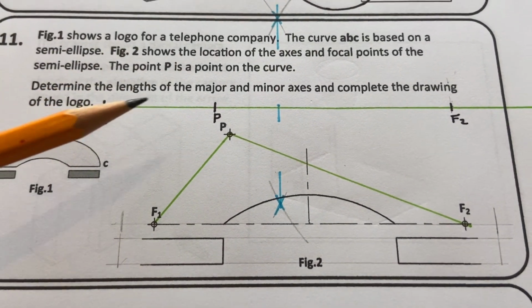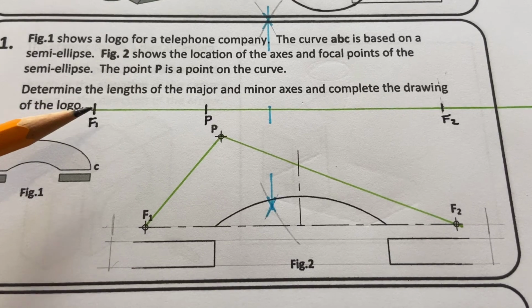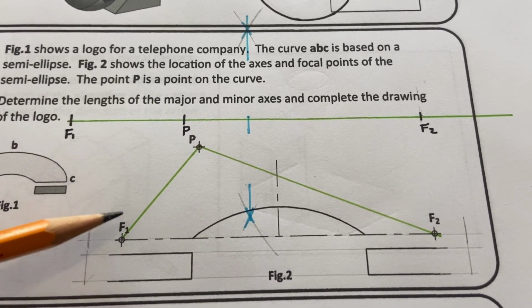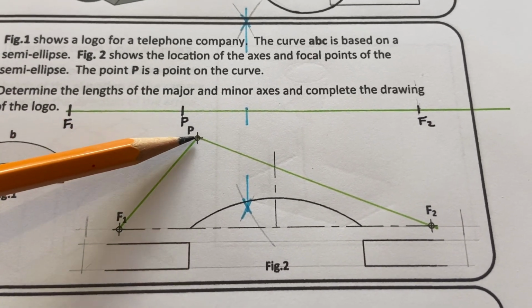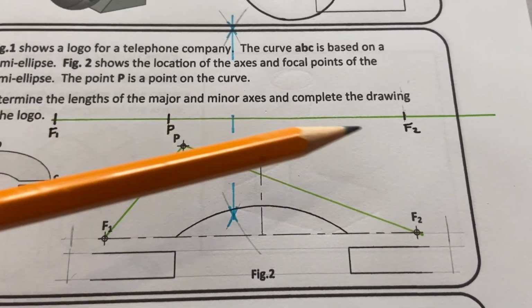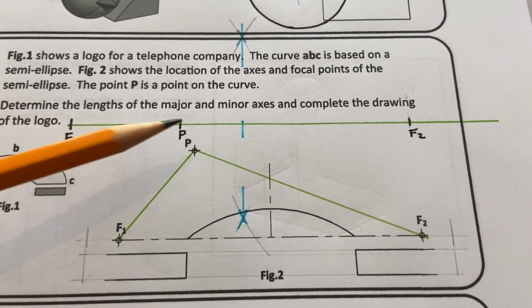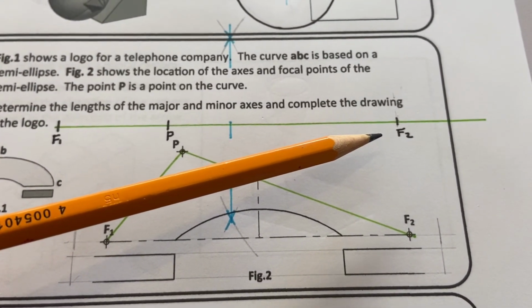So anywhere on the sheet of paper we draw a line and we mark the start of that F1, and you take the distance on your compass from F1 to P and you mark it on this line, and then you take the distance from P to F2 and you mark it along the line. Now that distance from F1 all the way over to F2 is the full length of the major axis.